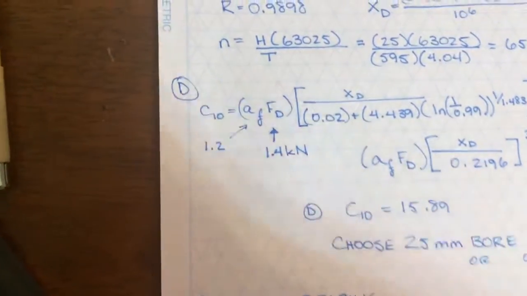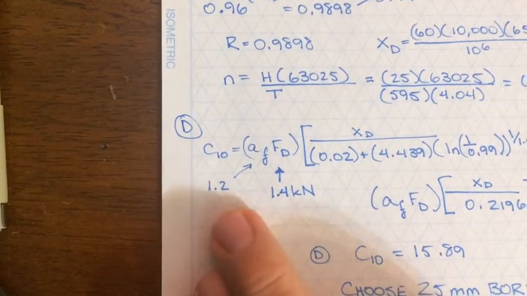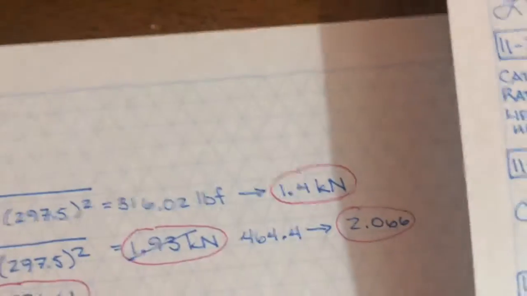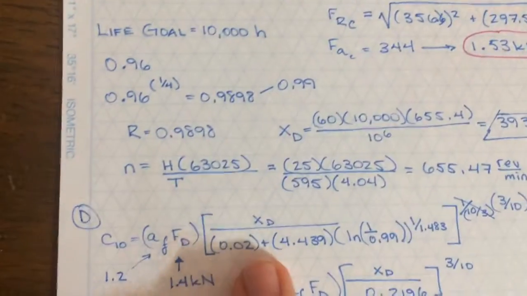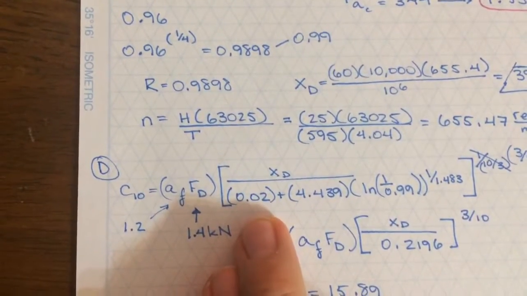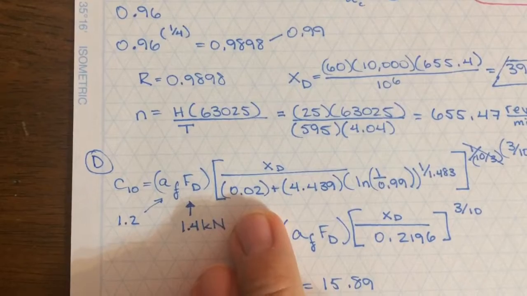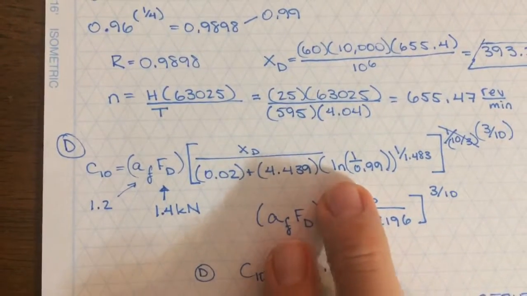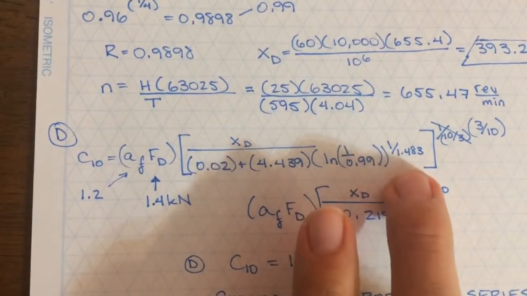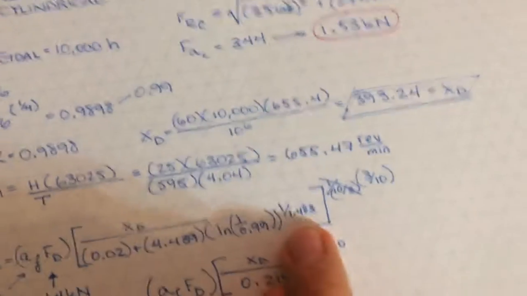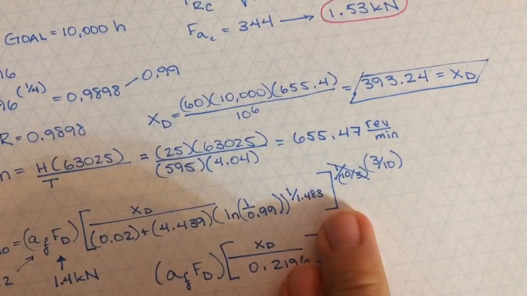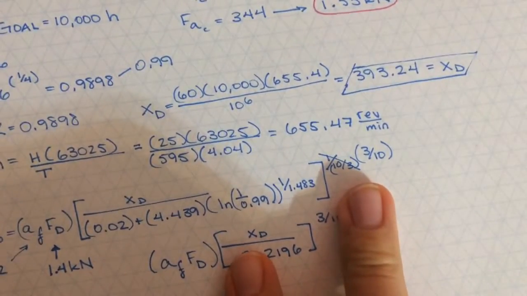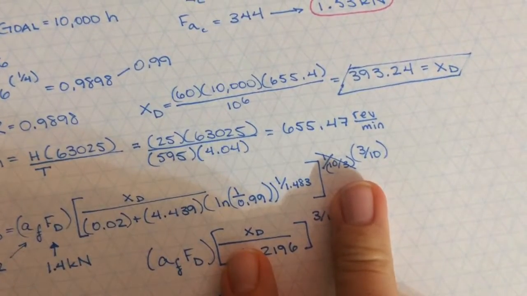So for the D bearing, it should be easy because we have AF, we have FD, which is 1.4 from our calculation up here, and then we have XD, we have XO. This should be theta minus XO, and then ln of 1 over R to the 1 over B, and that whole thing to the, for cylindrical, 1 over A, where A equals 10 over 3.